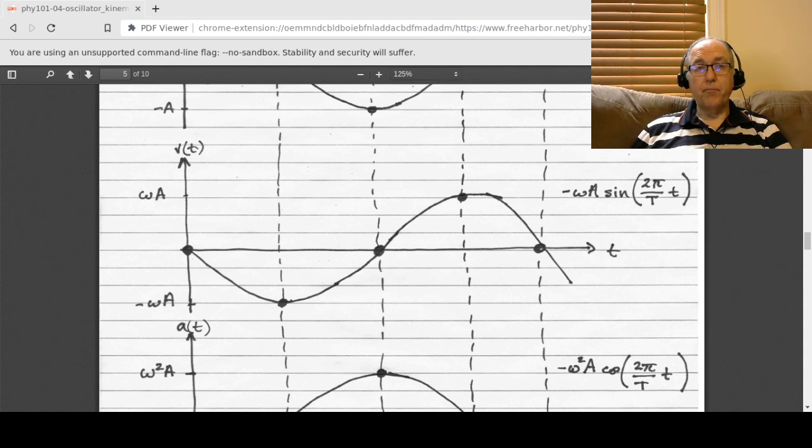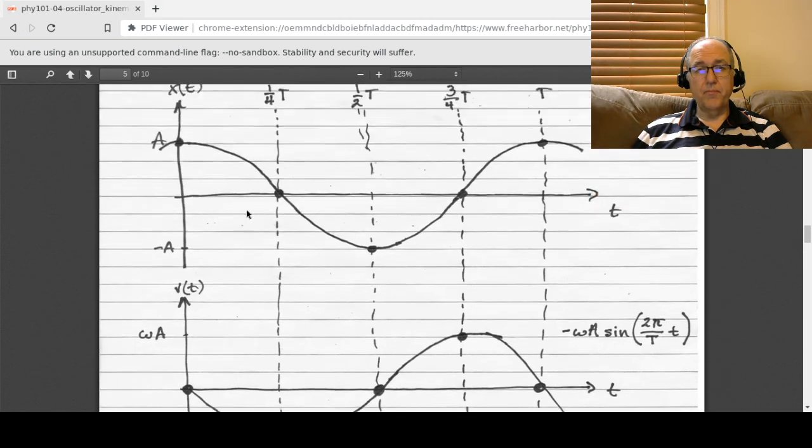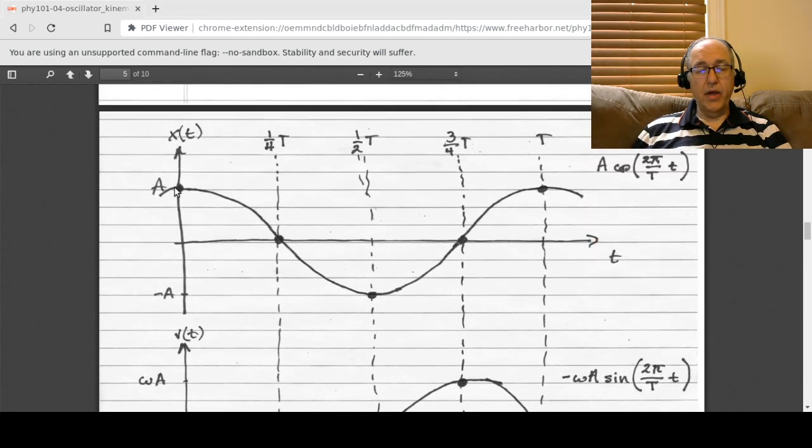All right. Now, let's scroll back up, like that. And you say, okay, well, as I start to come during the first quarter of the period here, as I start to move from x is equal to a to x is equal to 0, what's the slope? Well, the slope isn't constant. You know, it starts at 0, but you can see that the slope is always kind of negative, okay, until finally, at t is equal to 1/4 of the period, the slope becomes its maximum negative value.